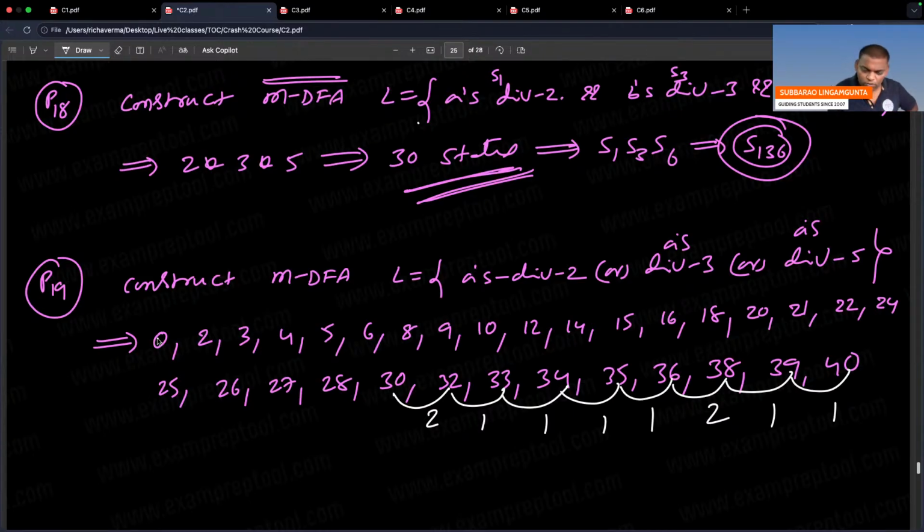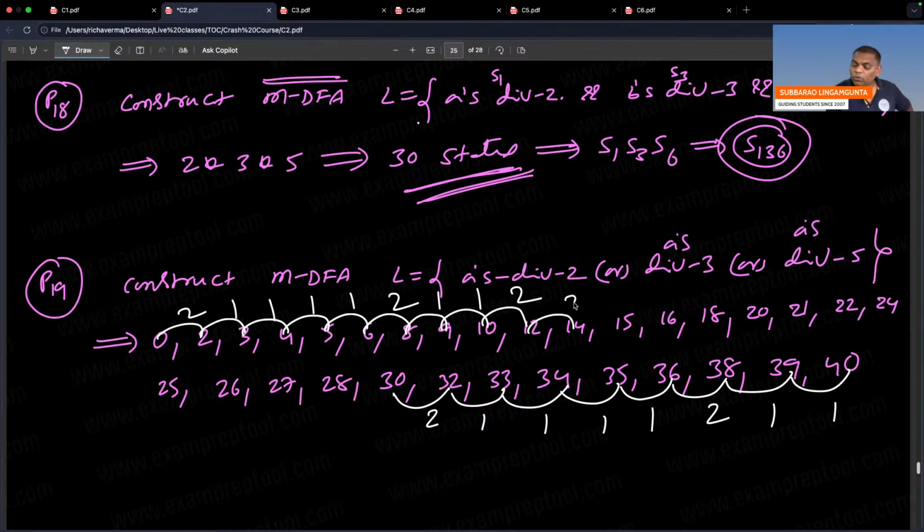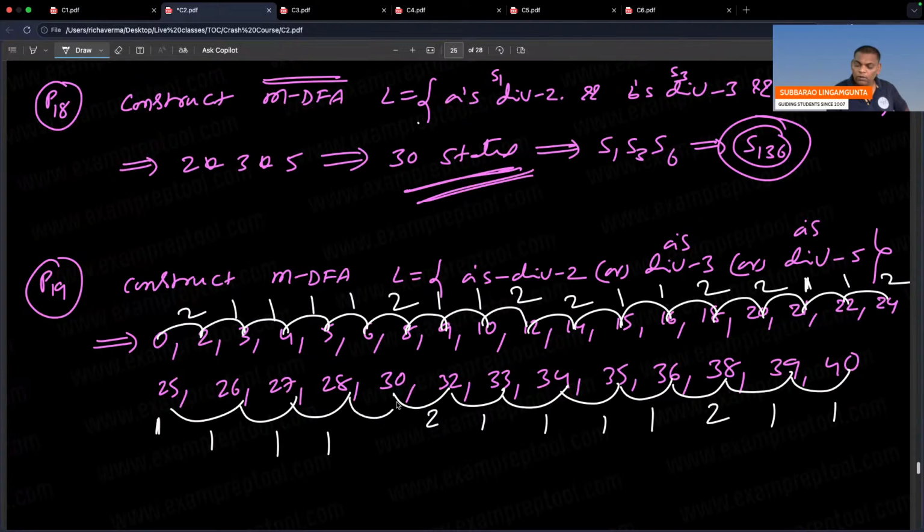Let me do it here also: 2 1 1 1 1 2, 1 1 2, and next it's again 2 1 1 2. These two differences are 2.